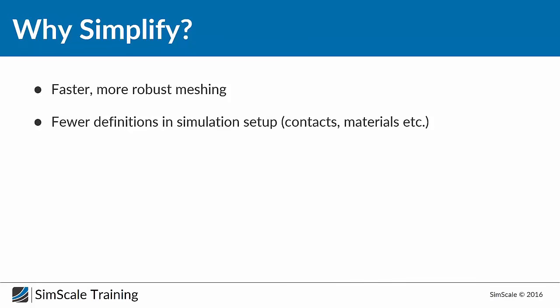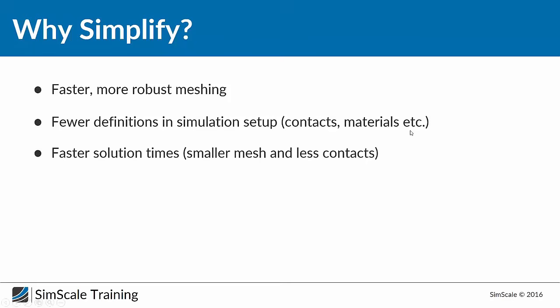Just imagine if you replace a lot of solid bodies by fewer ones by fusing them, you will also have fewer contacts and parts where you have to define materials. Another advantage is faster solution times. Your mesh is smaller, you will have fewer contacts, and overall you will save a lot of time and resources.